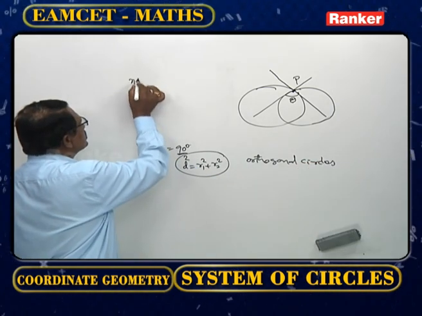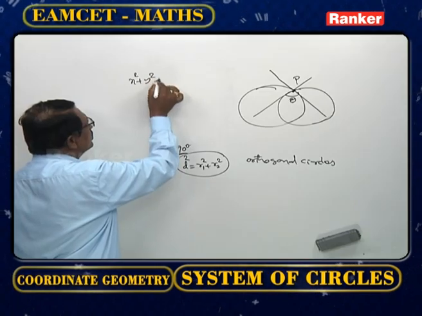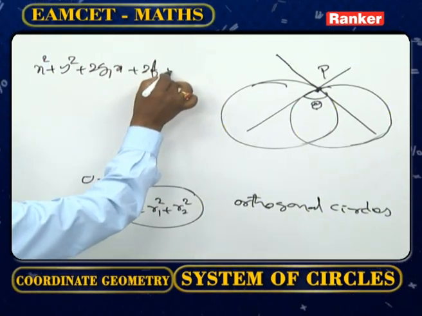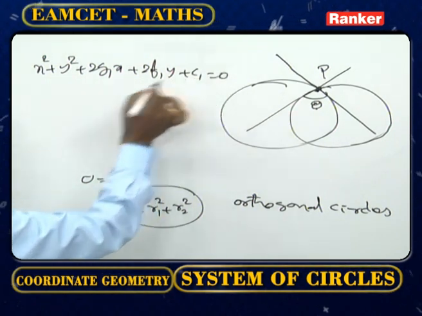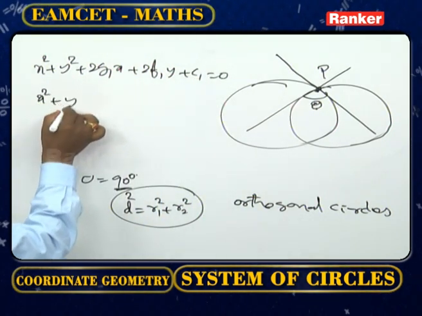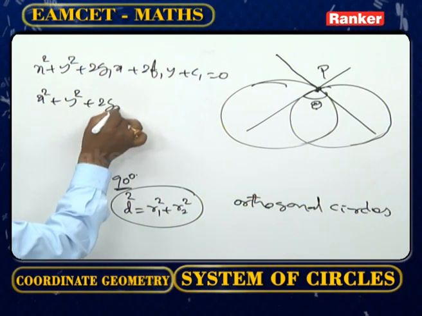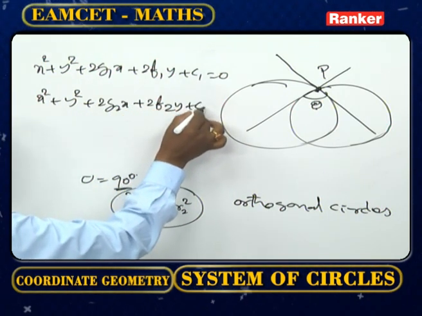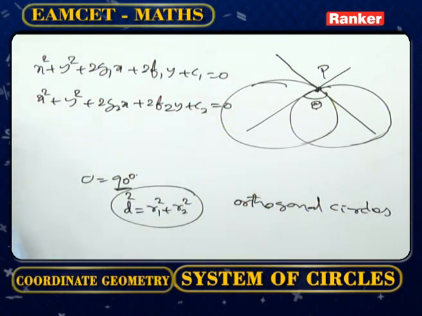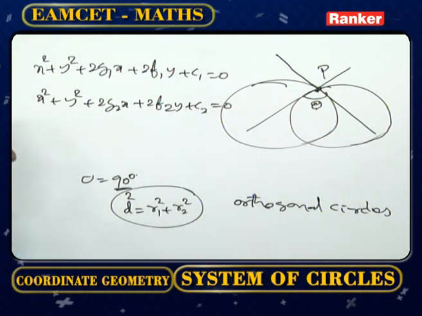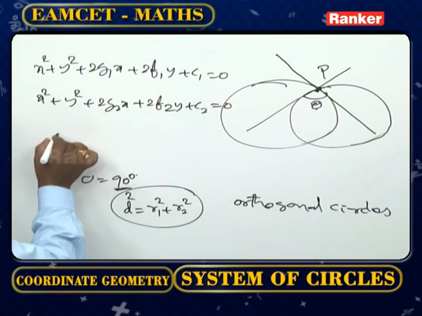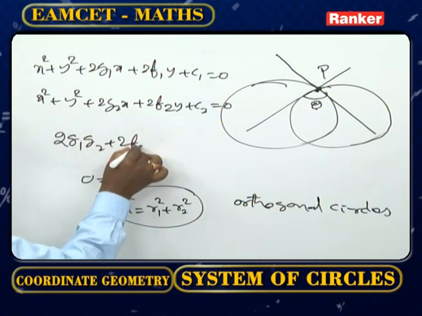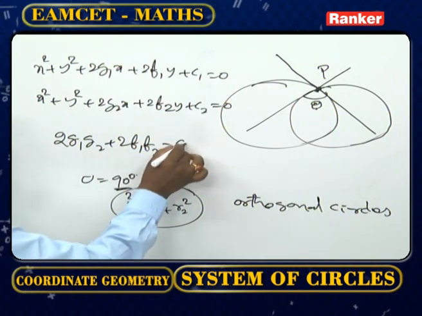Suppose the two circles are x square plus y square plus 2g1x plus 2f1y plus c1 equals 0, and another circle x square plus y square plus 2g2x plus 2f2y plus c2 equals 0. If these two circles are orthogonal to each other, then the condition is 2g1 g2 plus 2f1 f2 equals c1 plus c2.